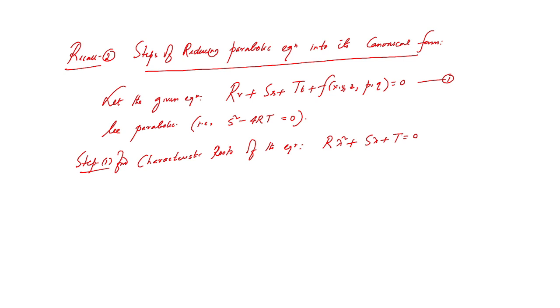And here you will observe the roots will be real and equal. Why? Because the discriminant is 0. So the roots will be lambda 1 equals to lambda 2 equals to lambda say, and lambda here must be a real number.